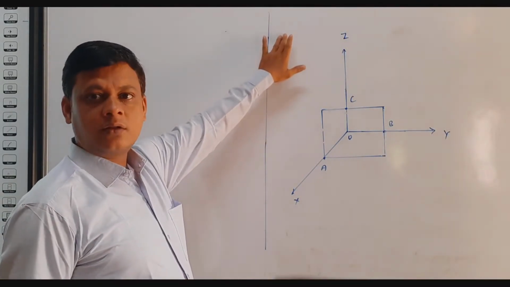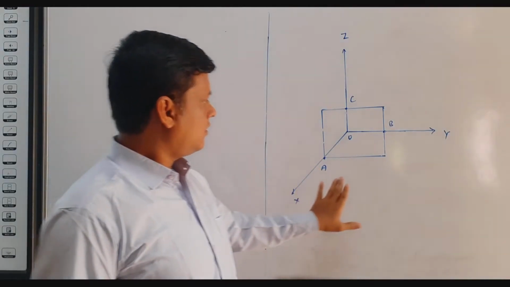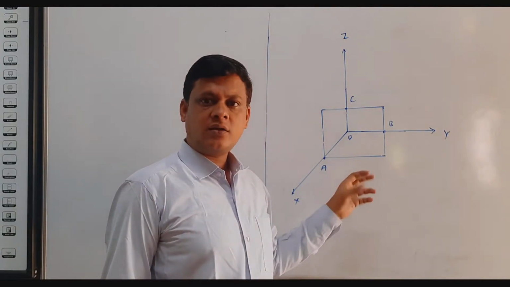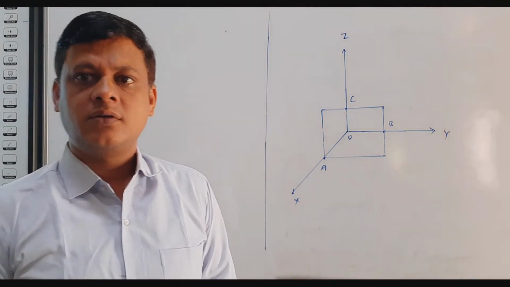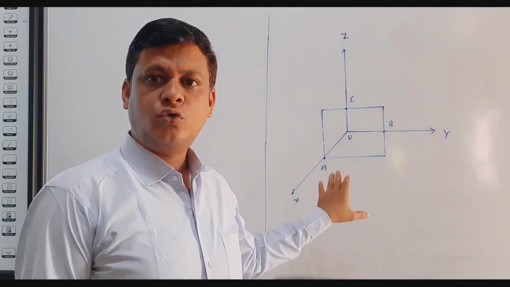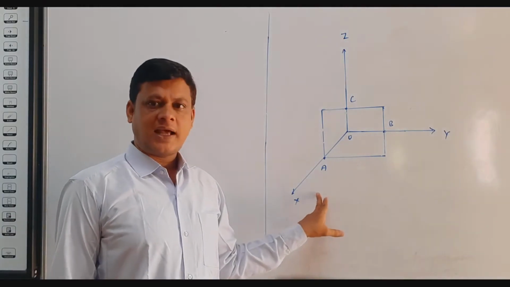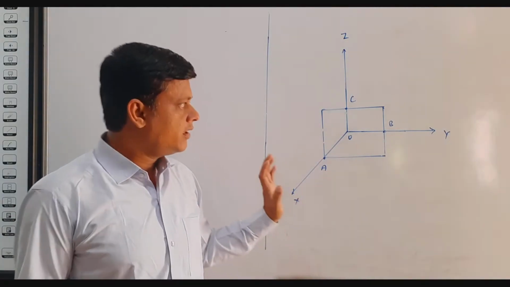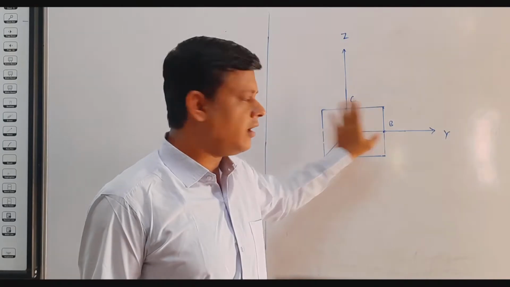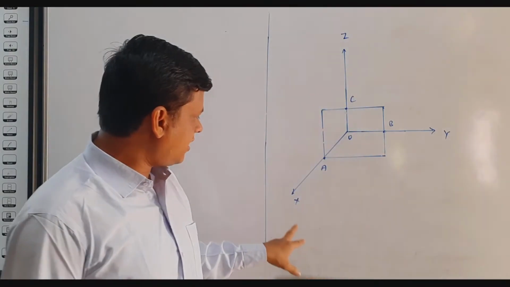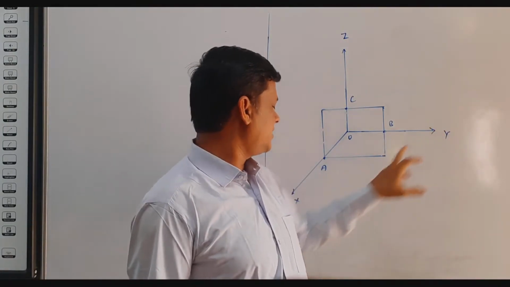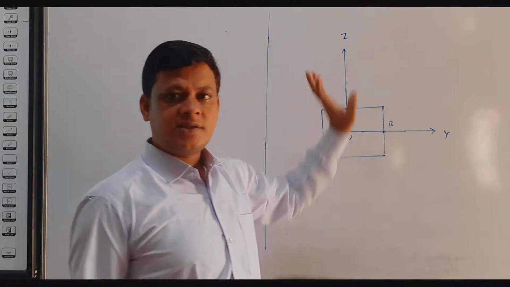Now see, third note. We know that when a line intercepts the 2 coordinate axes, we call that type of equation the double intercept form. Here instead of a line we consider a plane which intersects the 3 axes: x-axis, y-axis and z-axis.